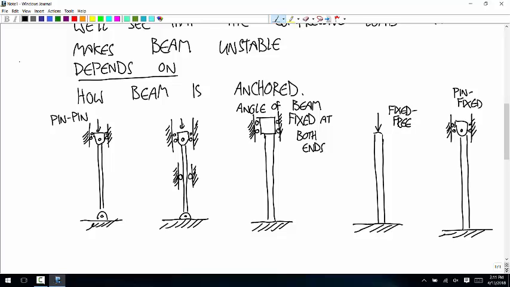Based on these different conditions, let's say that there's this compressive force P acting on all of these. The magnitude of the force P that makes this beam unstable, so it'll make it collapse in a buckling mode, is different for all of these. So we're going to do an analysis of the differential equation to see what the relationship is between buckling and the load P. And we'll be able to see which of these are more resistant to buckling and which less.